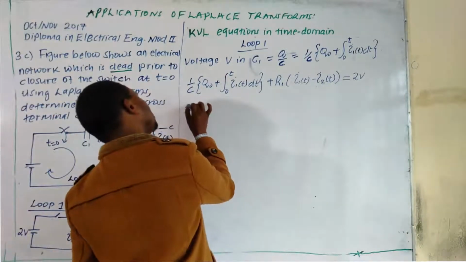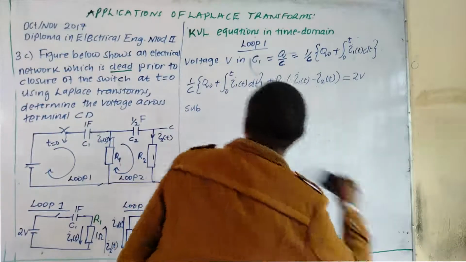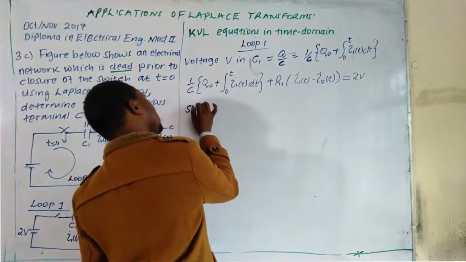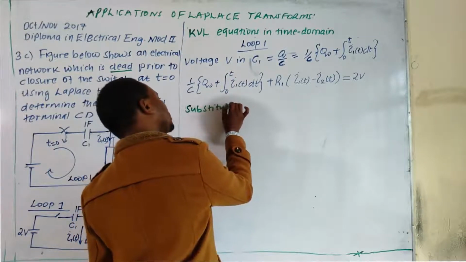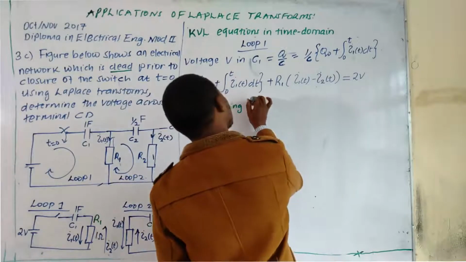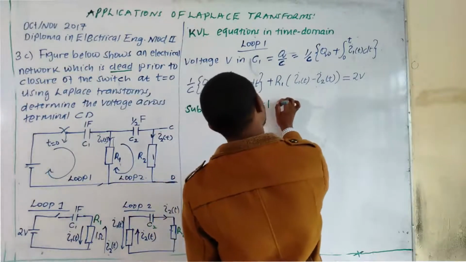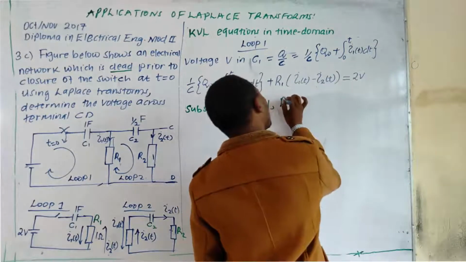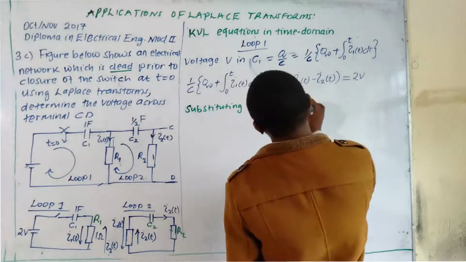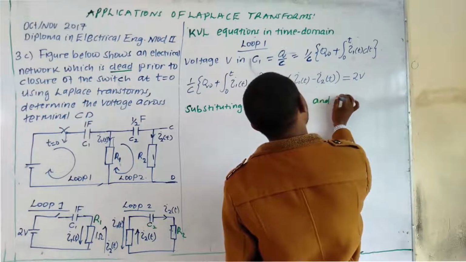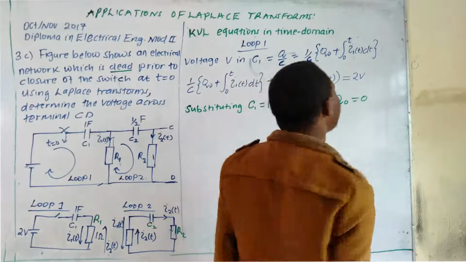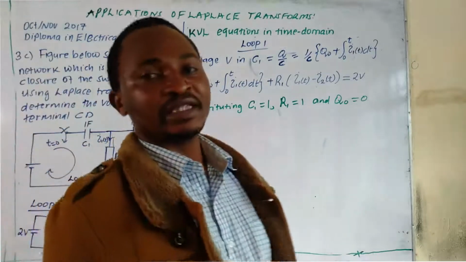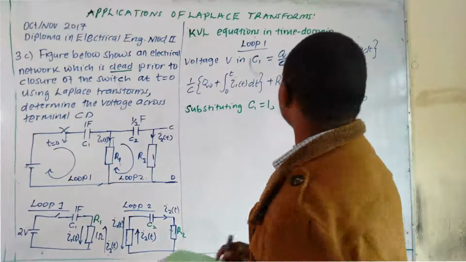Substituting C1 is equal to 1 and R1 is equal to 1 and Q naught is equal to 0. Remember, you have been told the circuit is dead. There is no initial charge in the capacitor. So Q naught is equal to 0.